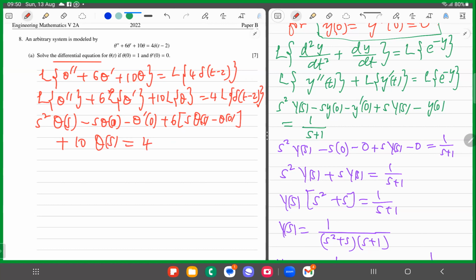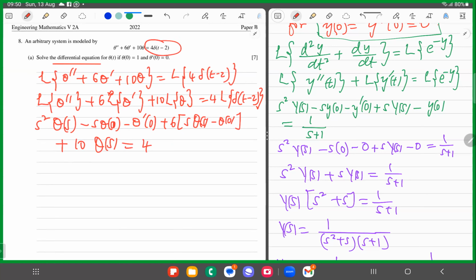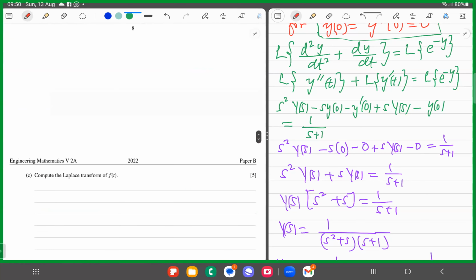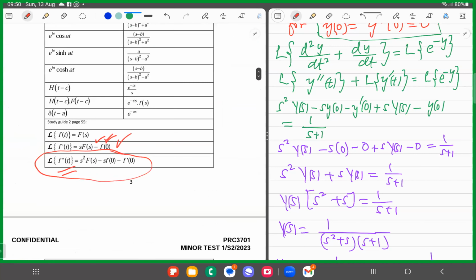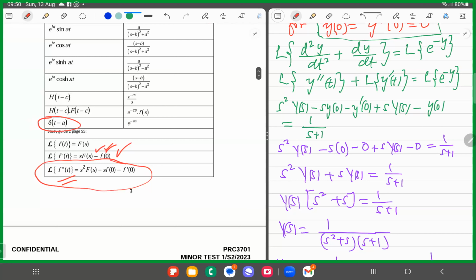Right, so what is L of 4 delta of t minus 2? Okay, this one you need to just consult the table. Here is delta of t minus a. So if you find the Laplace transform of delta of t minus a, that Laplace transform is e to the minus as.